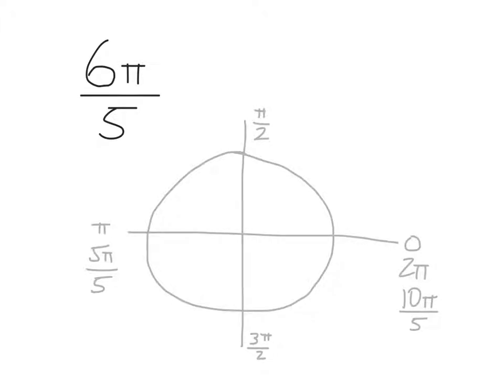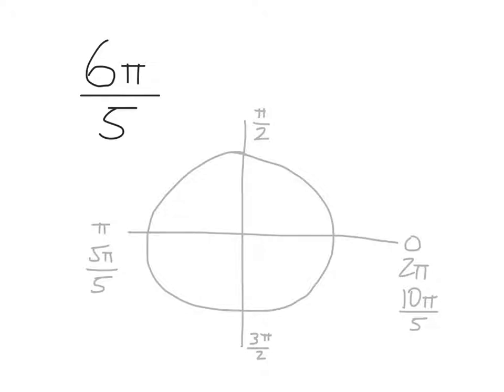And so now I can start breaking up my circle into the fractions that I'm going to need to be able to figure out where to put this. So I'll divide my half circle, or pi, or my 5 pi over 5, into 5 parts.